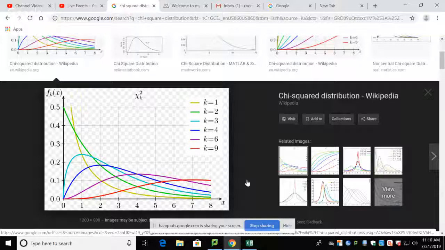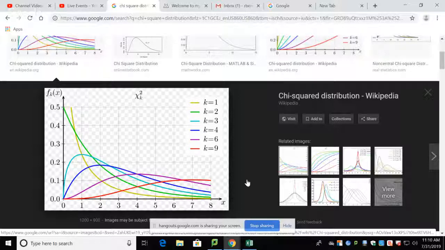Does that look like a bell curve to you? Not even close. Each degree of freedom has a different shape. If your degrees of freedom are 2, it's the green line. Also starts high, then it goes low again.